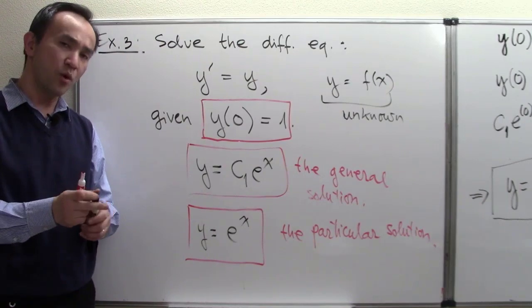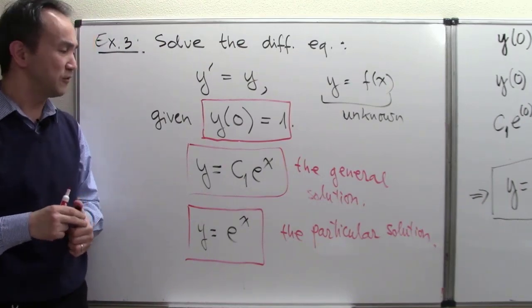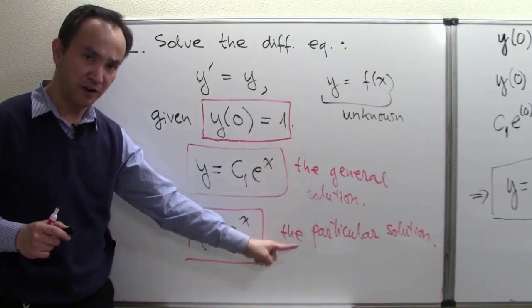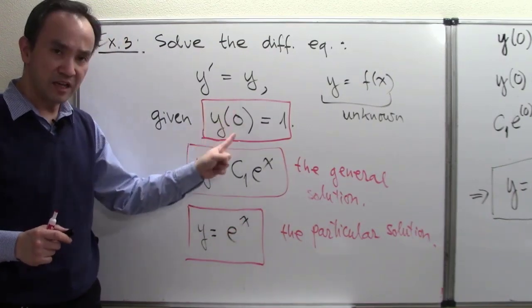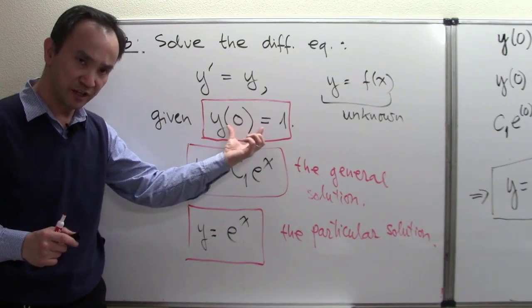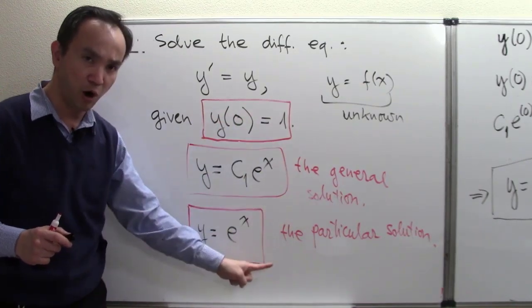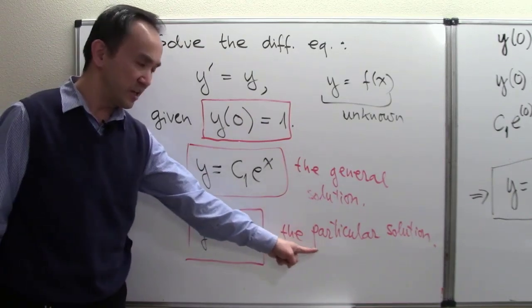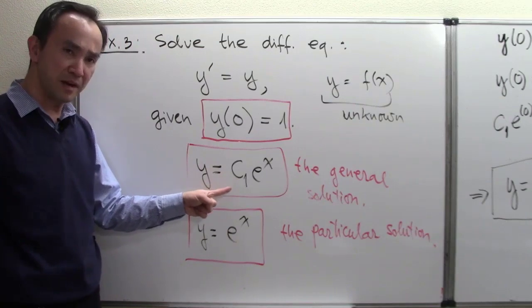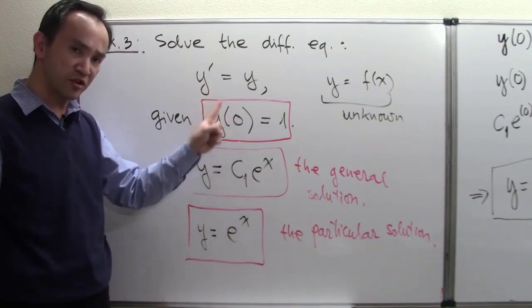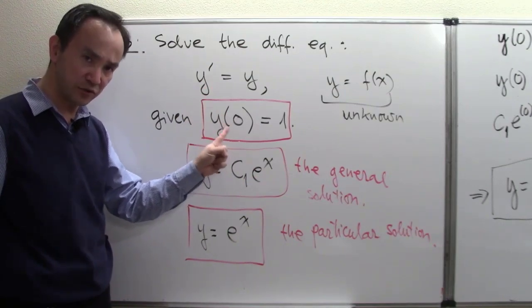So it's always that we have to find the general solution first. And from that point on, if the problem gives specific requirements, we use them to go all the way down to finding the particular solution. So the particular solution here is one member among the whole family of general solutions, and it satisfies the equation and further meets the specific requirements.